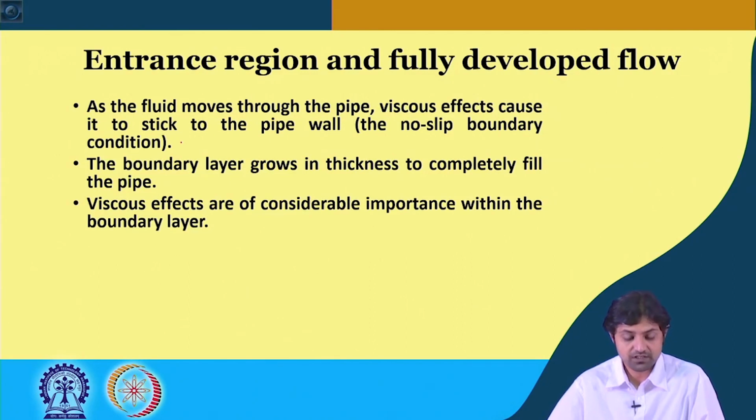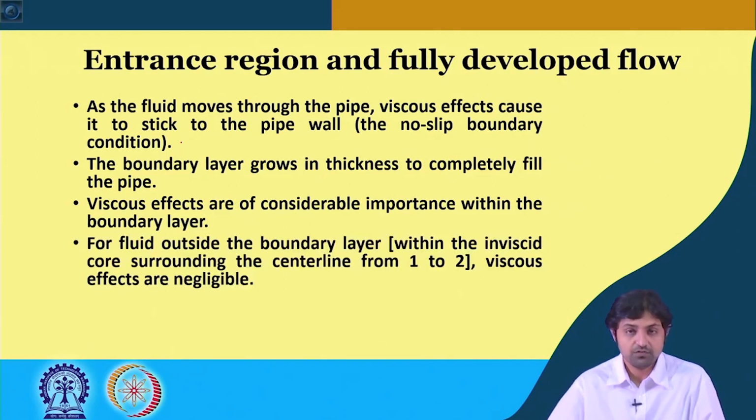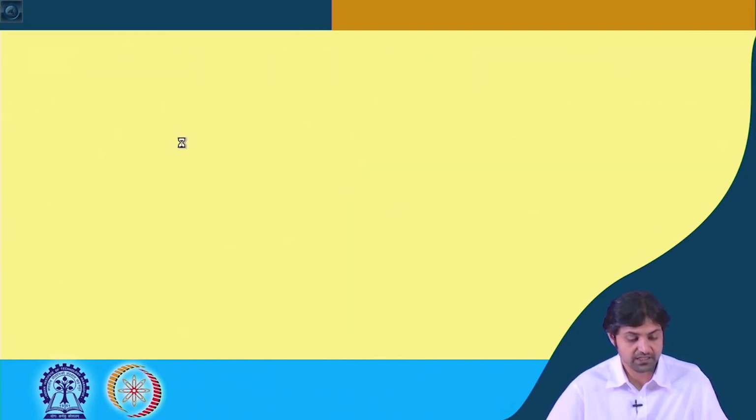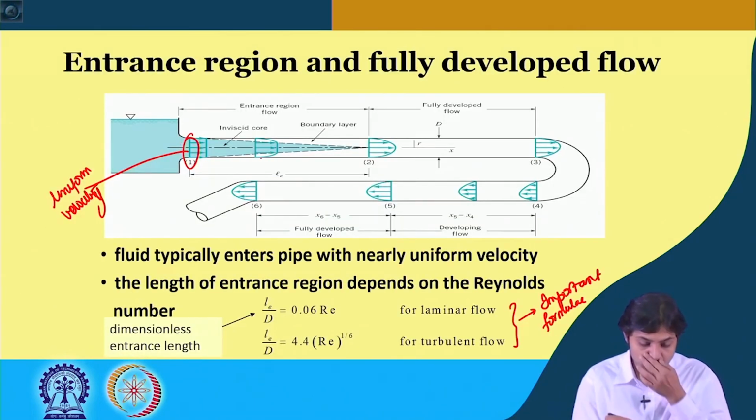The viscous effects are of considerable importance within this boundary layer, as we had discussed. For the fluid outside the boundary layer, within the inviscid core surrounding the center line from 1 to 2, viscous effects are negligible. As I said here, this is the inviscid core, which means there is no viscosity in it.